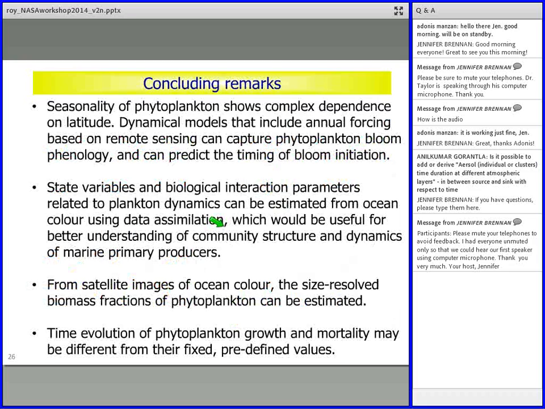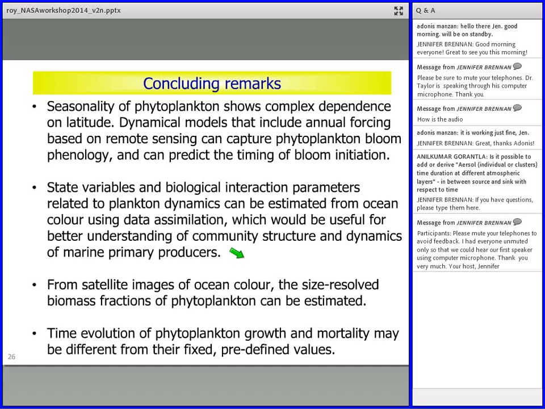And that brings us to the conclusion. We saw that the seasonality of phytoplankton shows complex dependence on latitude, and we could develop a simple dynamical model that includes annual forcing based on remote sensing, which can be used to capture the bloom phenology and also predict the timing of the bloom.